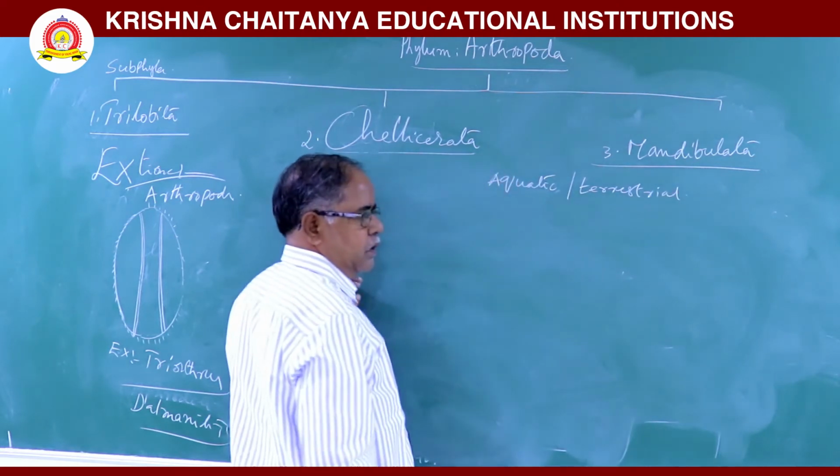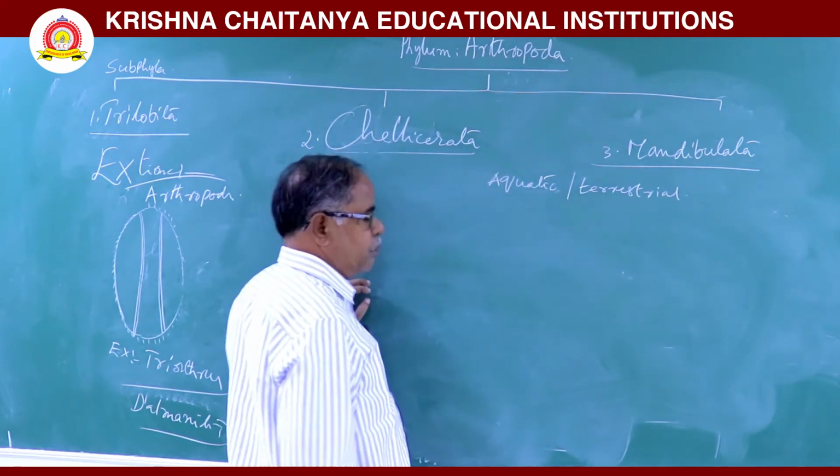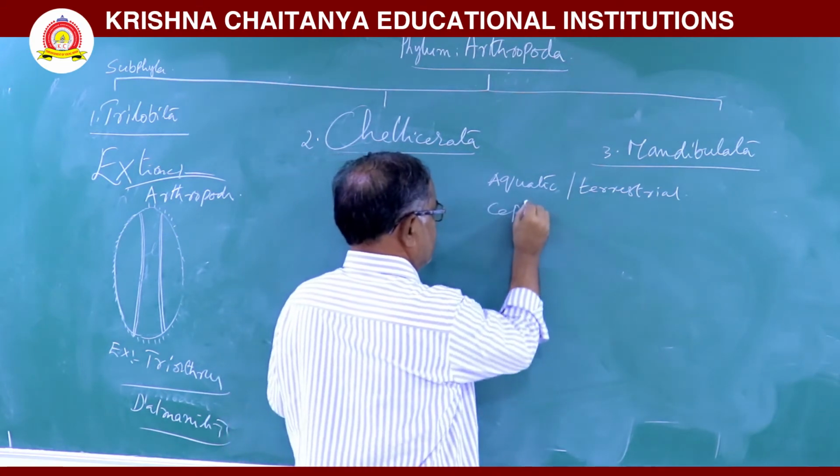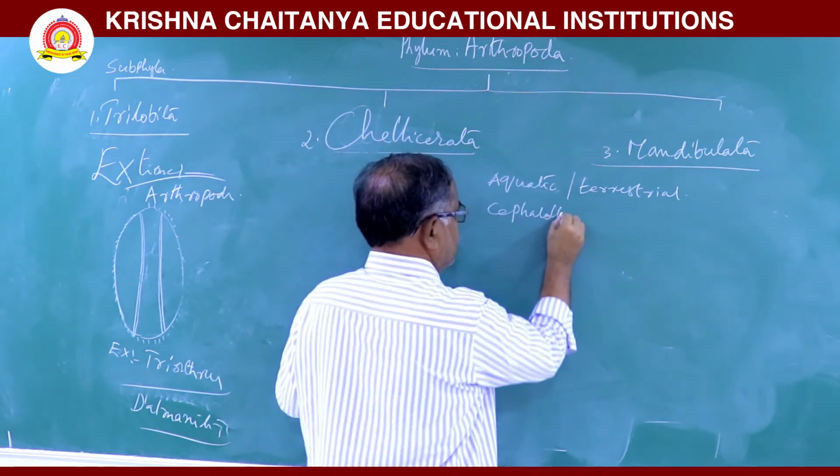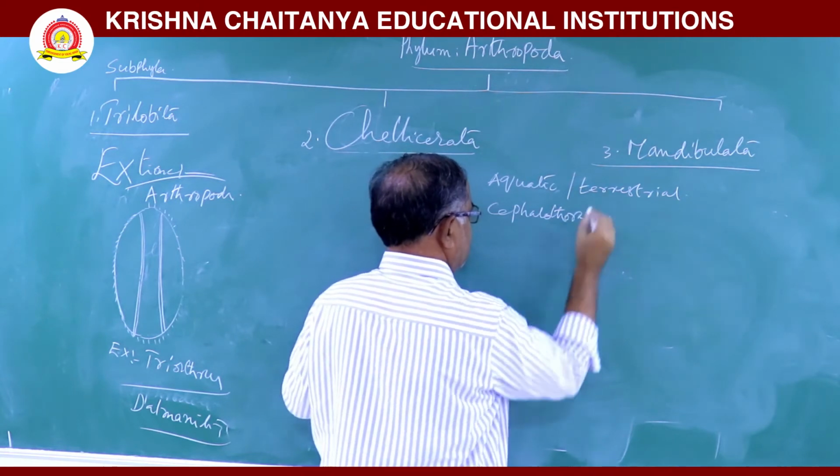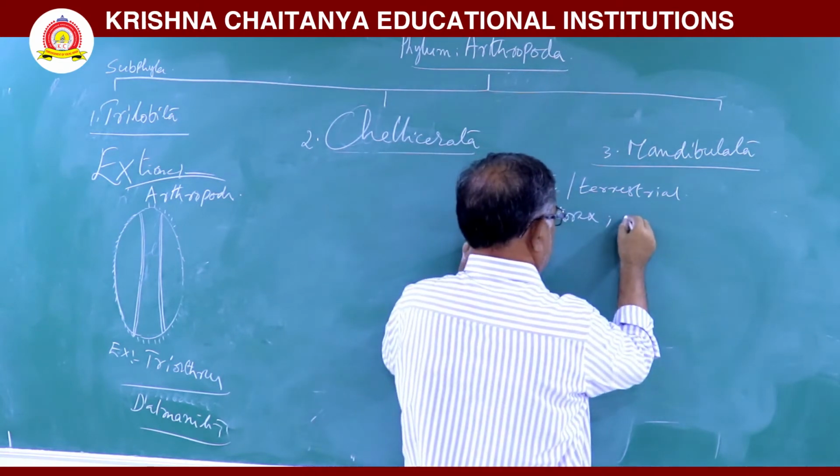In some, the body is divided into 2 parts: one is a cephalothorax, and then abdomen.